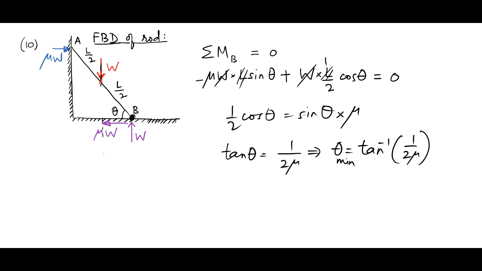Now there are 2 points to notice here. The first is, somebody may object and say that there is a value of theta which is smaller than tan inverse of 1 upon 2 mu, for which the rod will definitely be in static equilibrium, and that is the minimum value of theta. So the value of theta which this person is talking about is theta equal to 0.